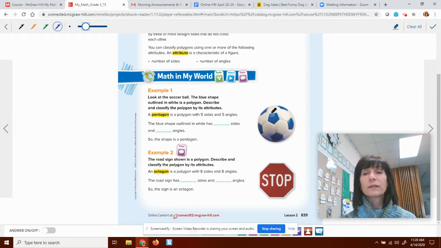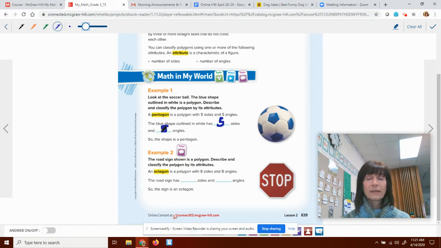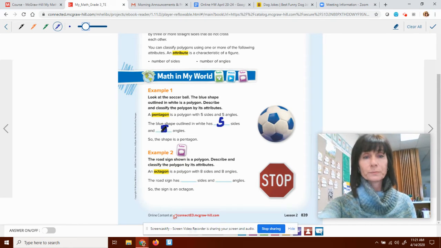If I take a look at my shape on the soccer ball, I have 5 sides. Along with the 5 sides, if I count all of my angles, I would have 5 angles. Knowing my attributes are 5 sides and 5 angles, I'm going to have a pentagon.